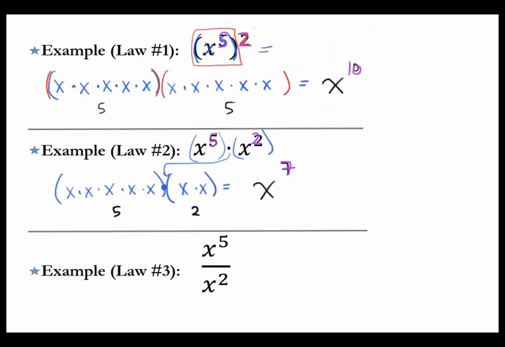Let's take a look at one more: x to the fifth divided by x squared. We can deal with that. Again, we rewrite x to the fifth as all 5 x's multiplied by each other, and now we're dividing by x times x.